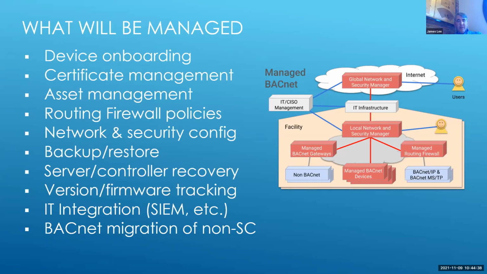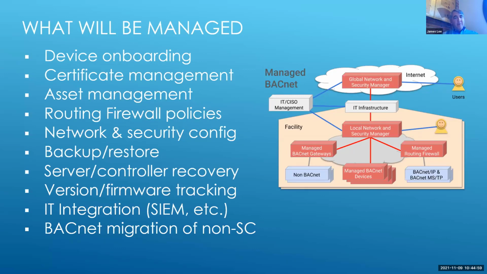Network security and configuration, backup and restore. Well, if I have a single manufacturer, backup and restore of controllers, if they get corrupted, is certainly something we can do. But what happens if I have a multi-vendor system? What if I have Trane chillers on a Johnson Controls network?